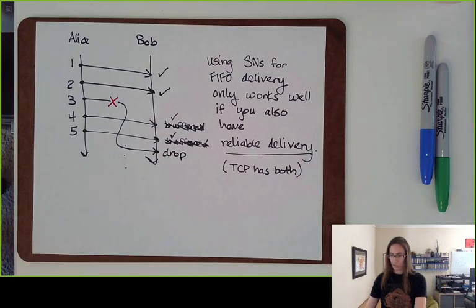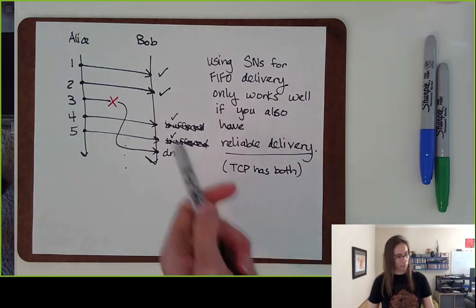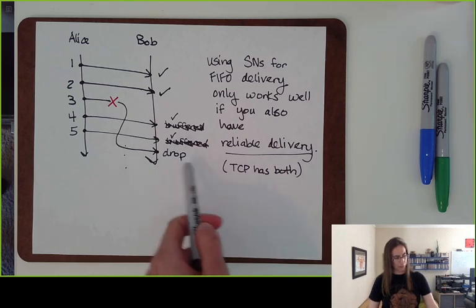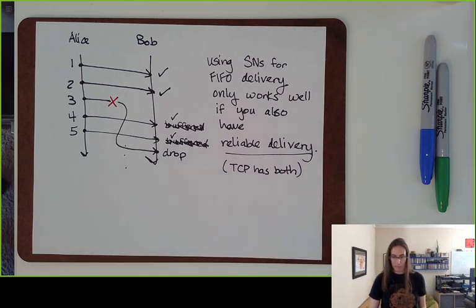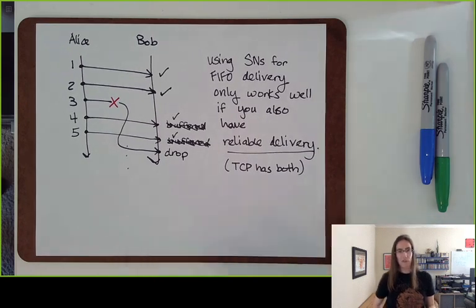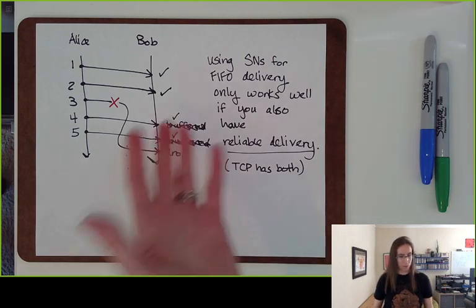So Bob's faced with a difficult choice here, right? He can either violate the property of FIFO delivery by delivering the message when he receives it out of order, or he can drop the message. Another possibility is that he could try to do something in between. Like he could say, well, I'll buffer messages for a while. Maybe I'll have a buffer of a certain fixed size, but at some point the buffer is going to fill, and then I'm going to have to go ahead and deliver them, even though I don't have all the ones that came before.